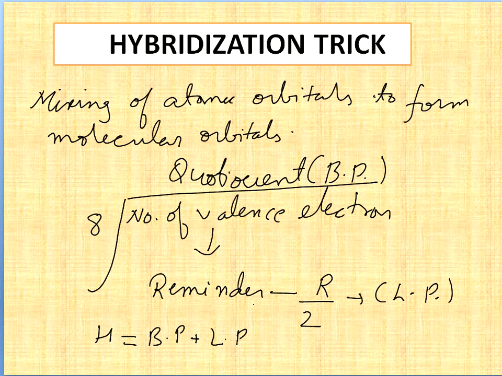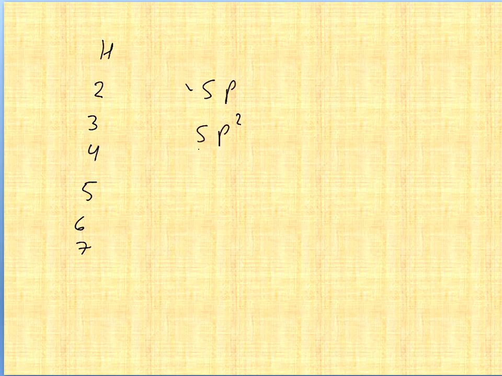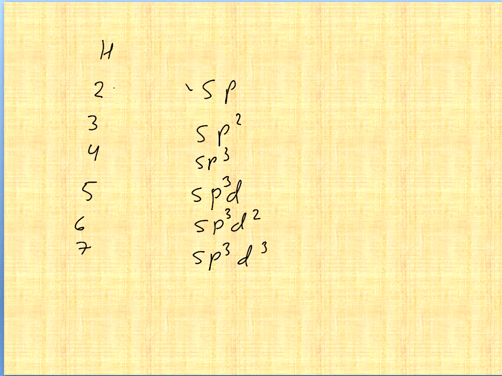Next, if the value comes 2, 3, 4, 5, 6 and 7, the hybridization will be sp, sp2, sp3, sp3d, sp3d2 and sp3d3. If it comes 2, then sp. If it comes 3, it will be sp2, and thereafter it will be like this up to 7.